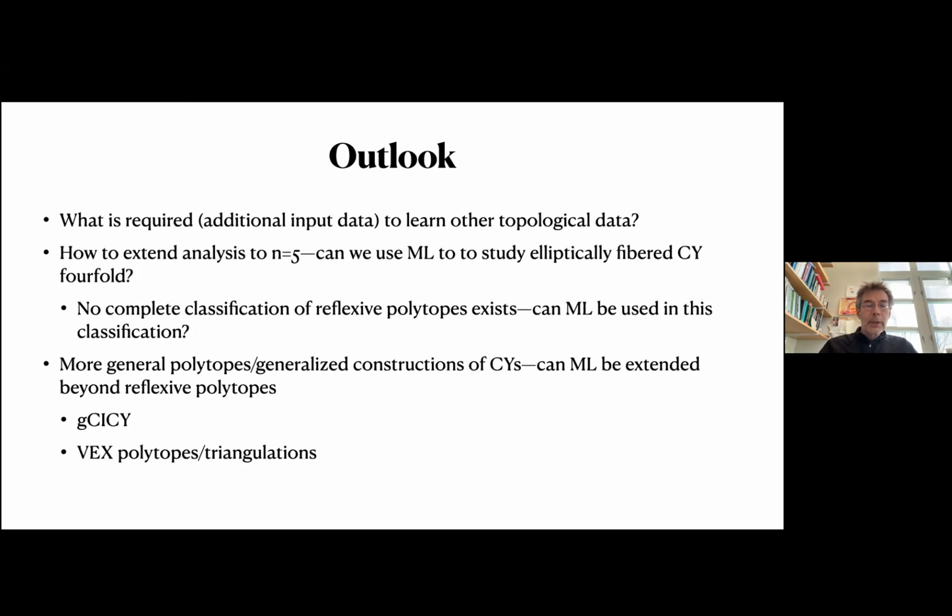Now, of course, it would be interesting to see, can we possibly extend this, let's say, to 5 dimensions? Can we learn something about elliptically fibered Calabi-Yaus in this fashion? And also, is it possible to generalize this to more general polytopes and other more generalized constructions like the GCICYs, in order to learn more about what machine learning can teach us about these data sets. So thank you very much.